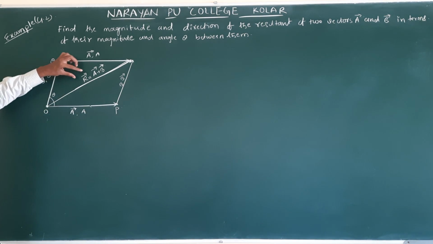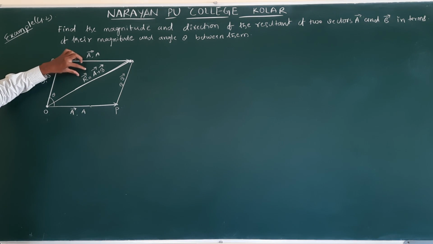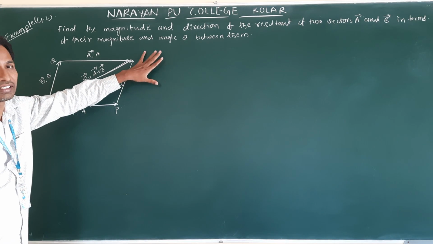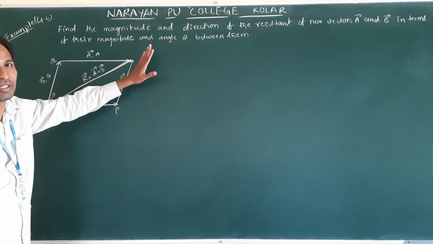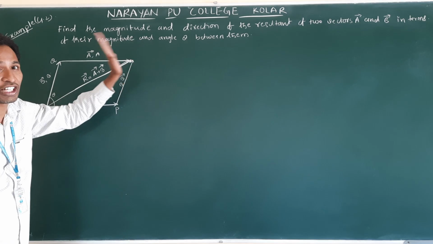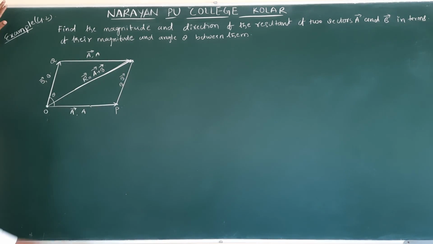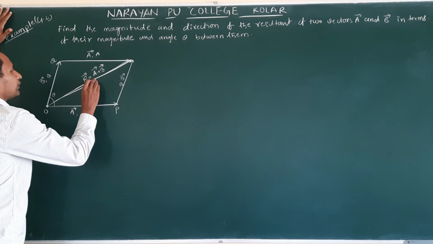So now we are going to find the magnitude of R. Understand? Vectors A and B are not given in the form of two dimensional components, A x i cap, A y j cap; instead they are given only in magnitudes. Clear? Now this is the resultant.